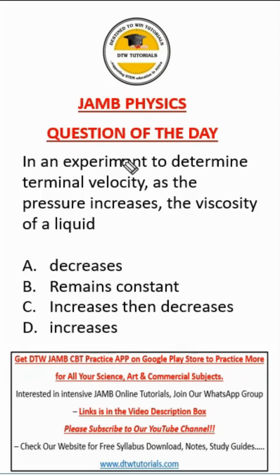Now, you can get this JAMB physics question. It says, in an experiment to determine terminal velocity, as the pressure increases the viscosity of a liquid, what happens? There's an experiment where a ball bearing is dropped into a viscous liquid, such as engine oil. We notice that some forces act on it: we have the weight, the viscous force, and also the upthrust.